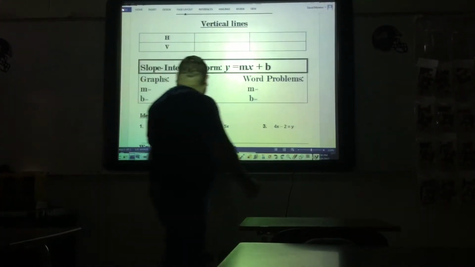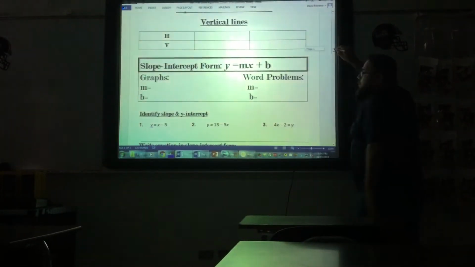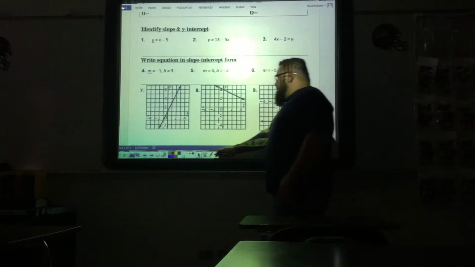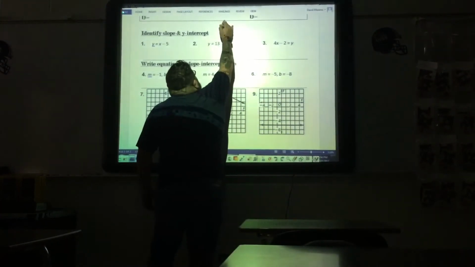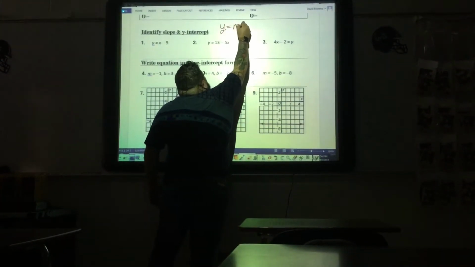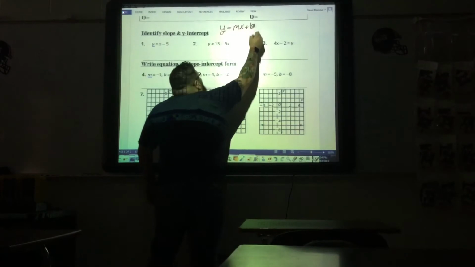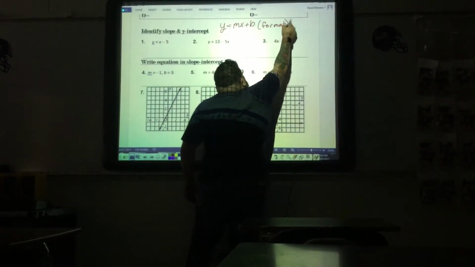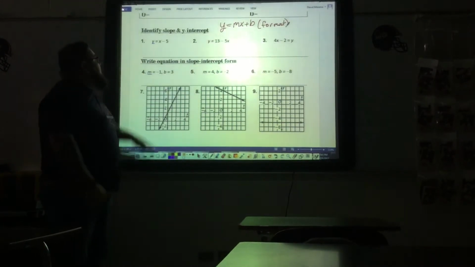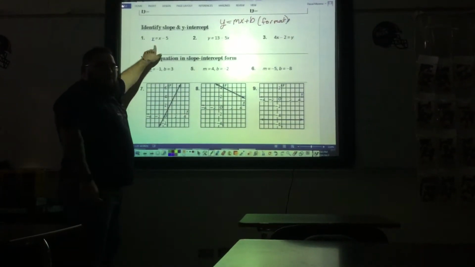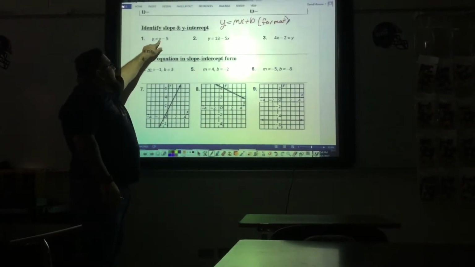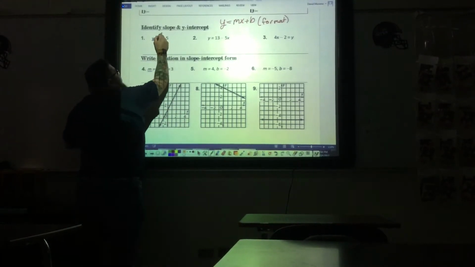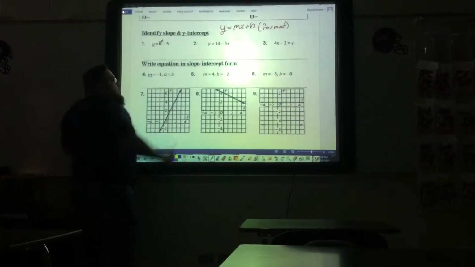Now we're going to talk about identifying the slope and y-intercept. In order to do this, we need to make sure that it's in y equals mx plus b format. That's the way the format needs to be. Number one, real easy, y equals x minus 5. There's an invisible number in front of x, and it's 1.